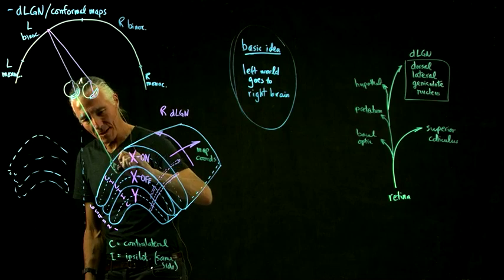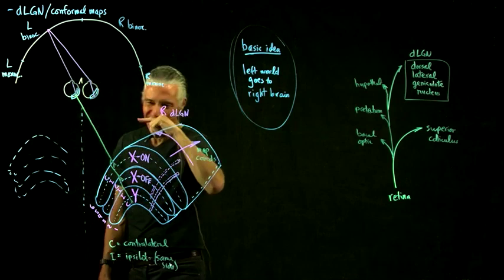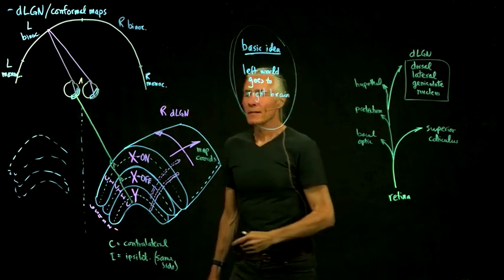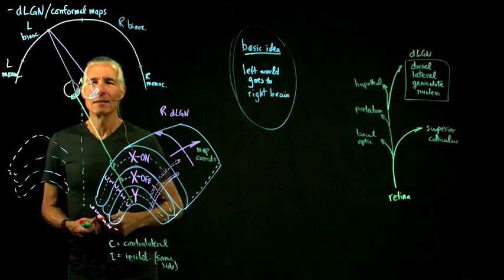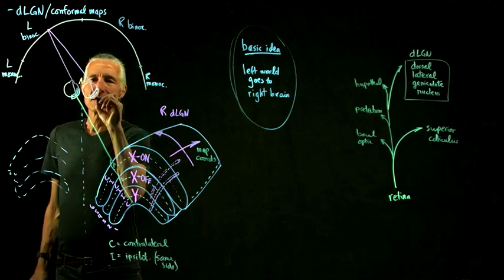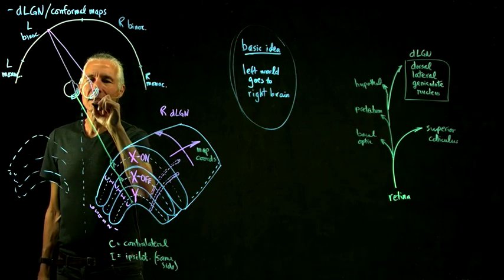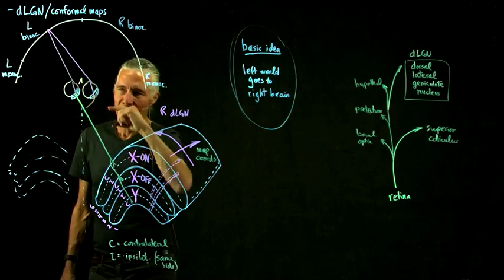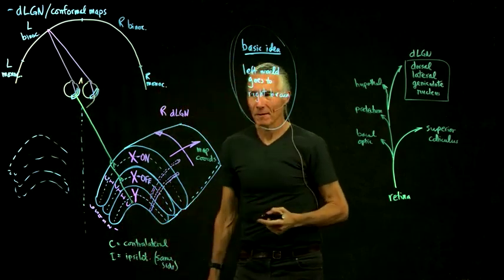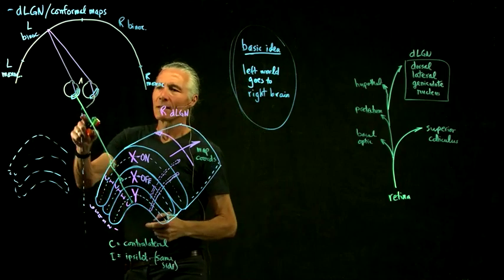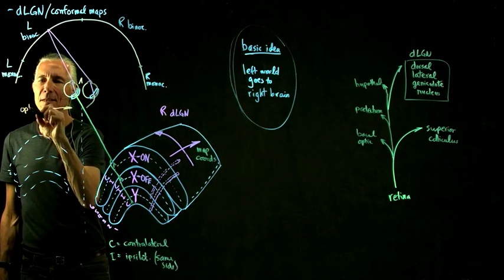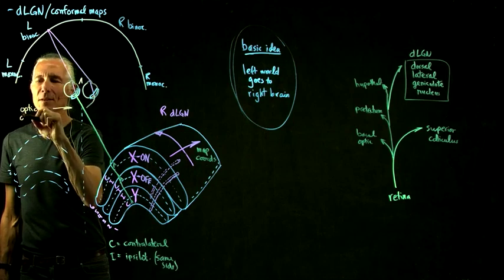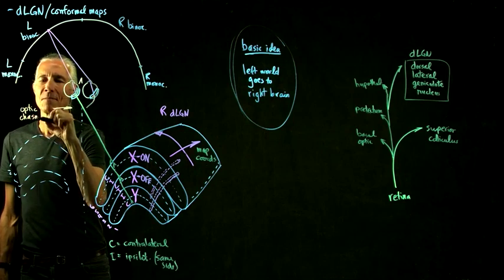So it'll go here, and then here, and here. And then what about the other side? So the other side is going to come out and start heading toward the opposite side of the brain until it gets to the optic chiasm. So this is the optic chiasm. And so last time, or two times ago, I talked about Siamese cats.